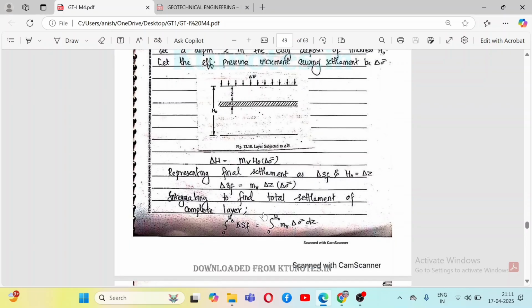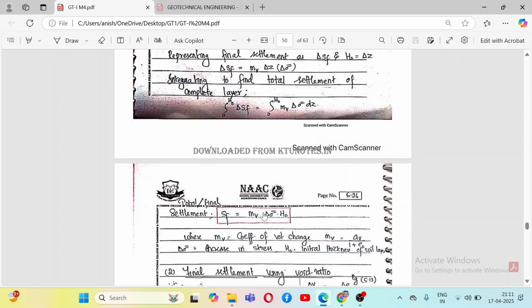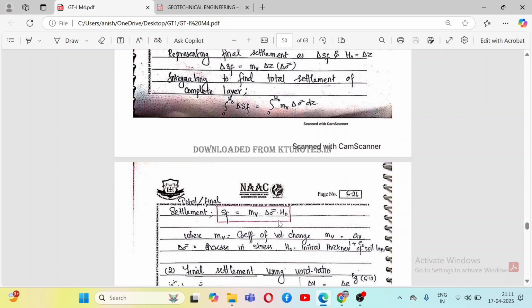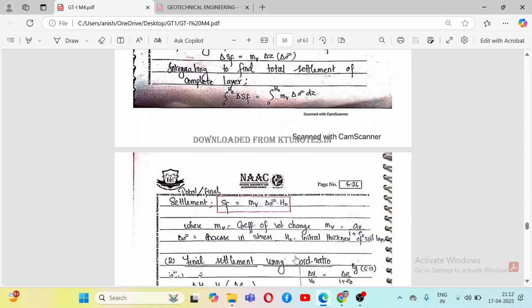Integrating to find the total settlement of the complete layer, we get SF = mv multiplied by delta sigma dash into H naught, where mv is the coefficient of volume change. mv is given by av divided by 1 plus e naught. Delta sigma dash is the increase in stress, H naught is the initial thickness of the soil layer, and e naught is the void ratio.